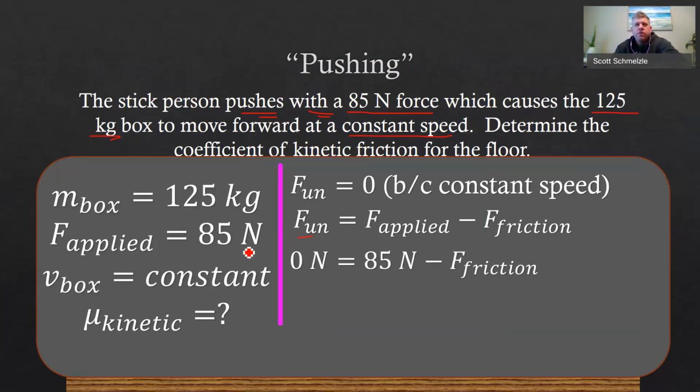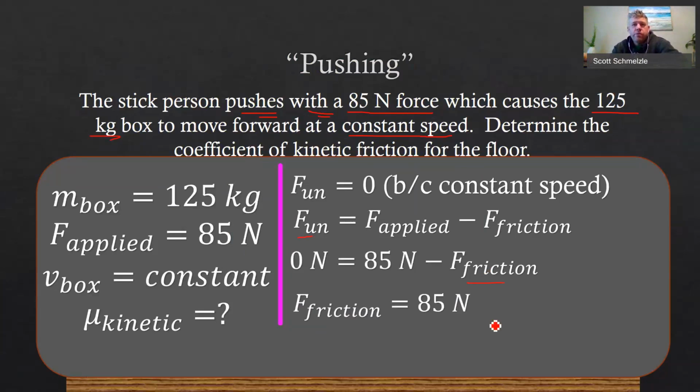We already know from the given information that our applied force is 85 Newtons. To solve for our force of friction, we add it over to the other side. So our force of friction is 85 Newtons. That was the first big step in order to find the kinetic friction.